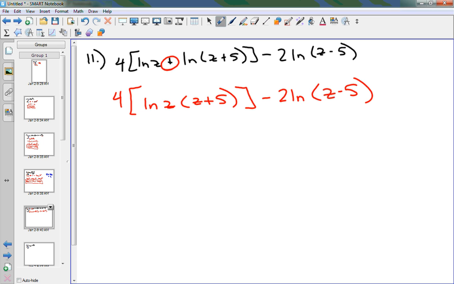Now what? I need to put the powers back on, don't I? So I have the natural log of z times z plus 5, all raised to the 4th power, minus the natural log of z minus 5, raised to the 2nd power.